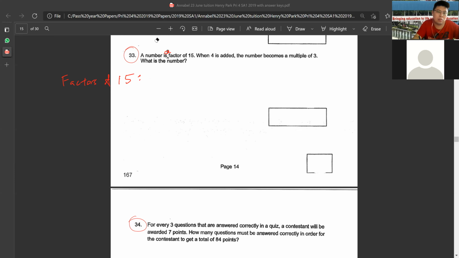Factors of 15, starting from 1, in ascending order. You list out your factors in ascending order, smallest to the biggest. 1, 3, 5.